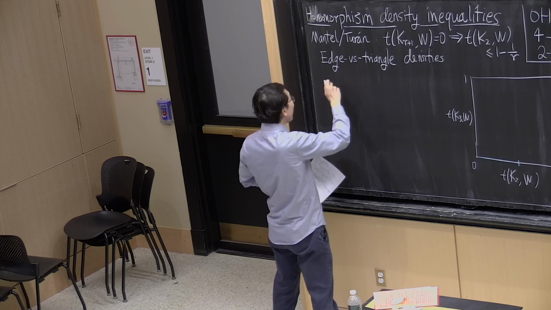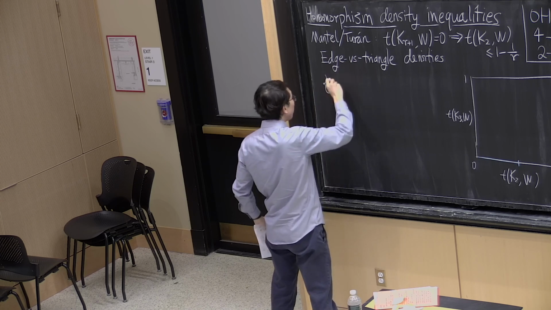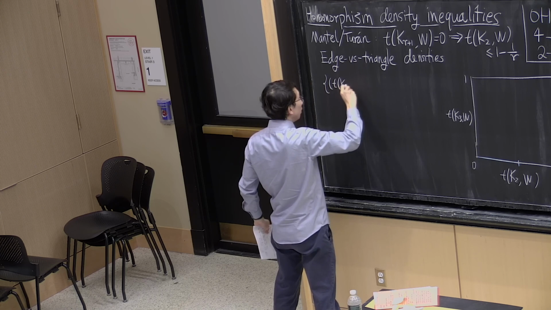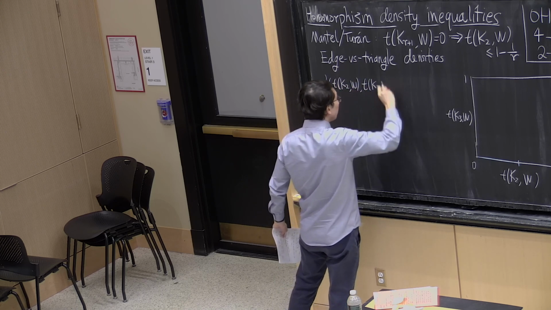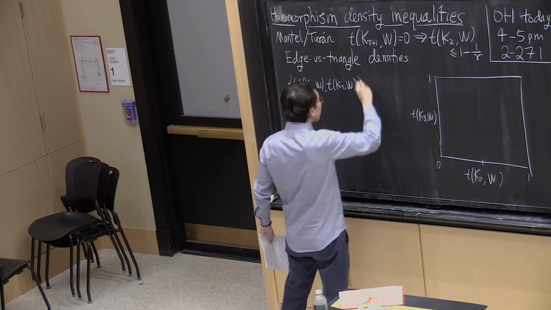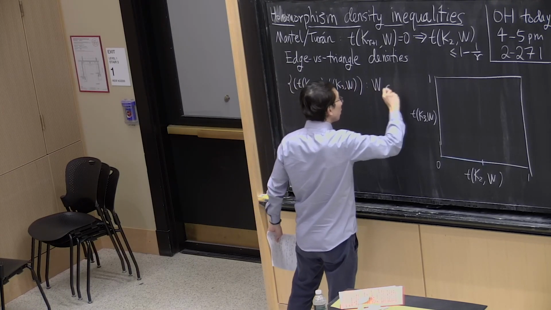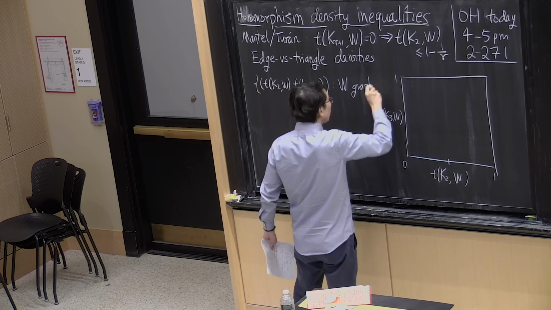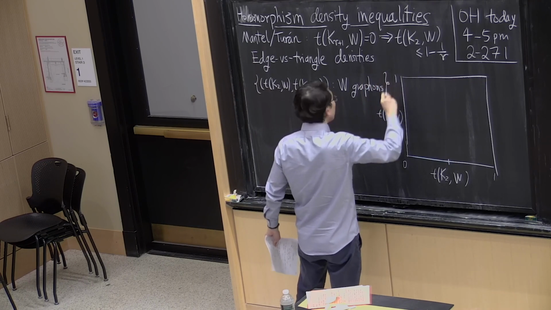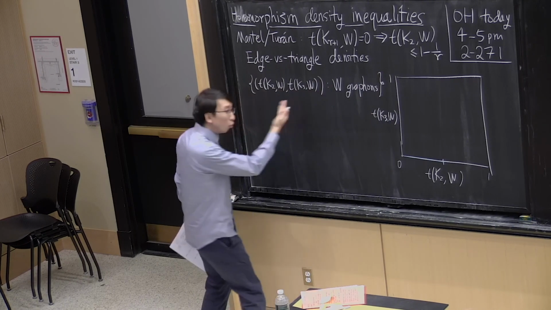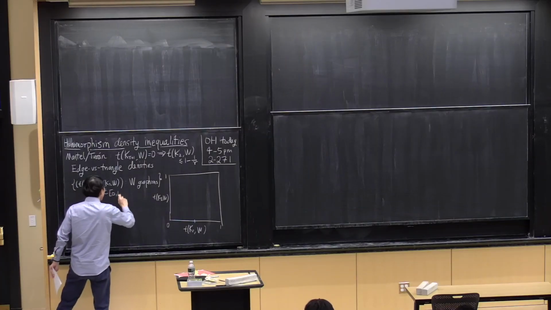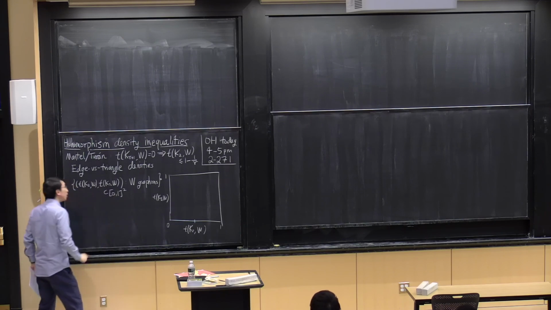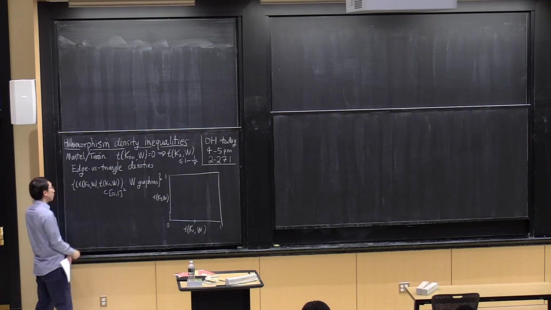If you look at the set of possible edge versus triangle densities, there's this region here. What is this region? It's a subset of this unit square. We would like to understand what is the set of all possibilities.